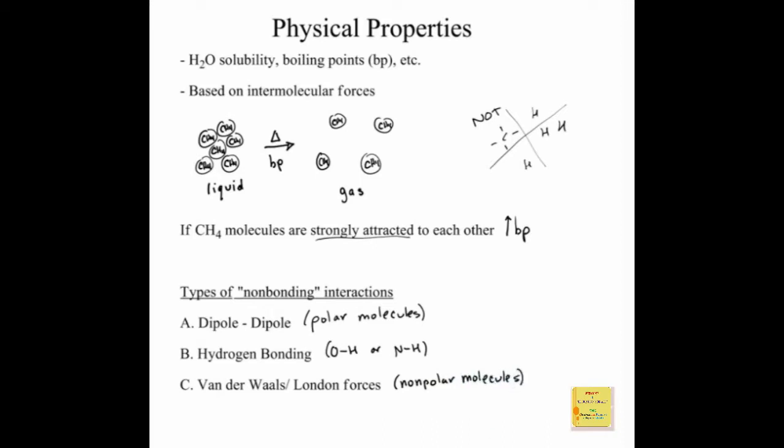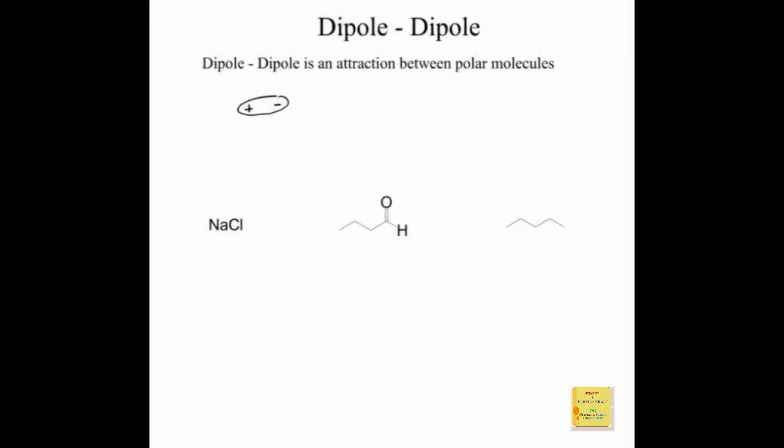Let's look at each of these three and see what effect they can have on the physical properties of molecules. A dipole-dipole attraction is what we have when we have two polar molecules near each other. A polar molecule could be represented like this, where we have two poles: a part of the molecule that is electron deficient, or partially positive, and a part that is electron rich, that is partially negative.